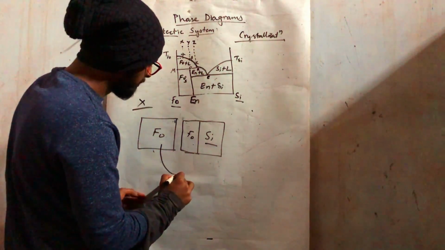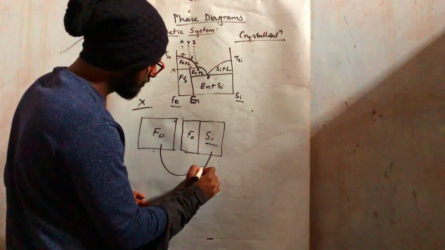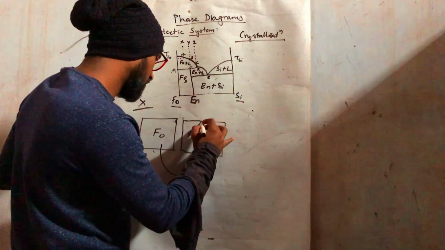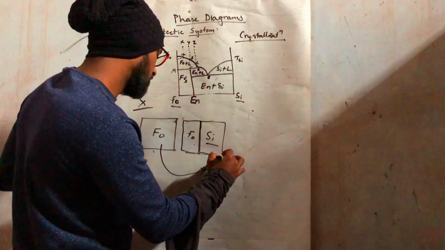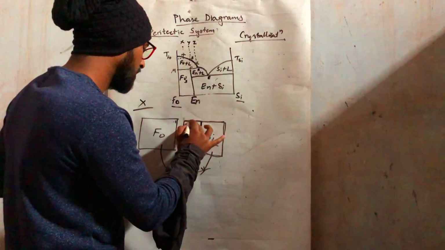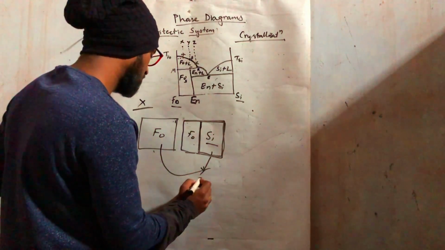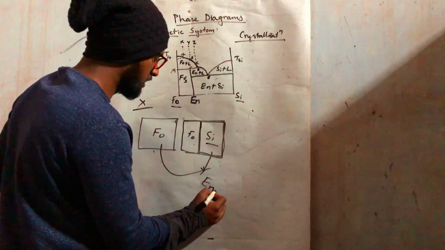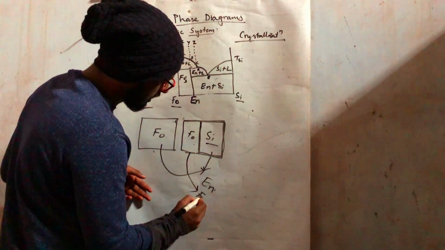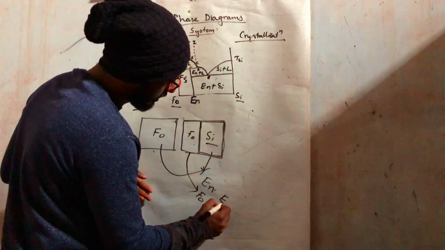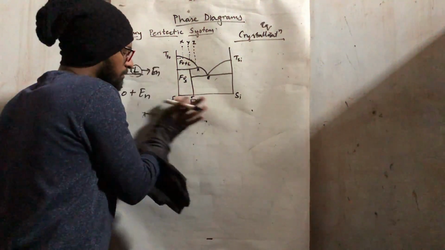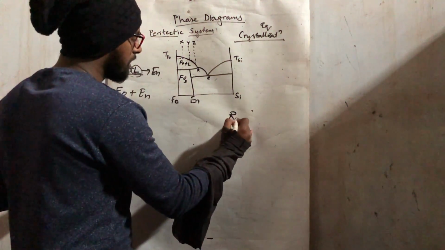This forsterite will react with silica, and therefore the total silica in the melt will be consumed and will produce enstatite, and at that point the rest of the forsterite will crystallize, and so we will have enstatite plus forsterite at X, the peritectic point.